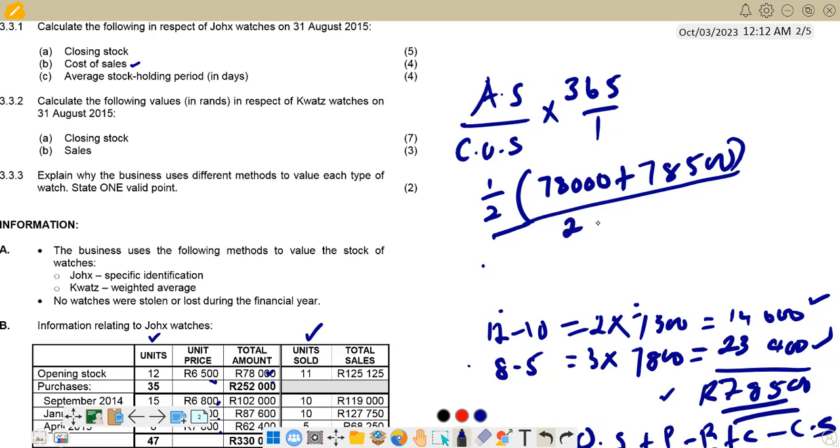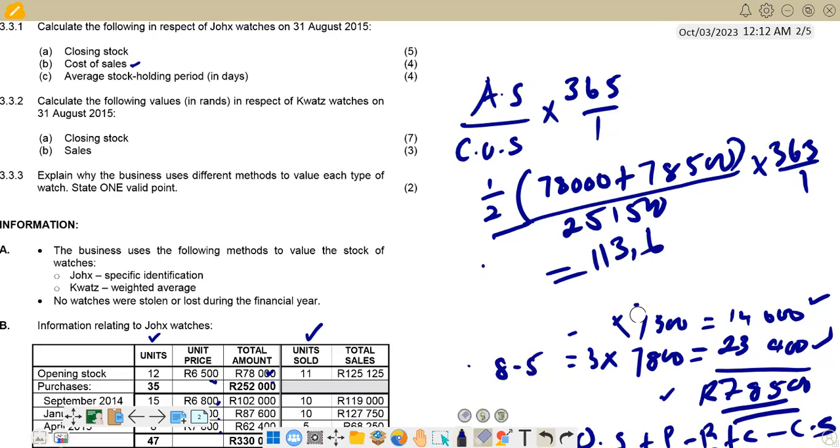So it's going to be 251,500. Then we multiply by 365 over 1. Like this. So here, if you calculate correctly, you're supposed to get 113.6 if you round it off to 1 decimal place.